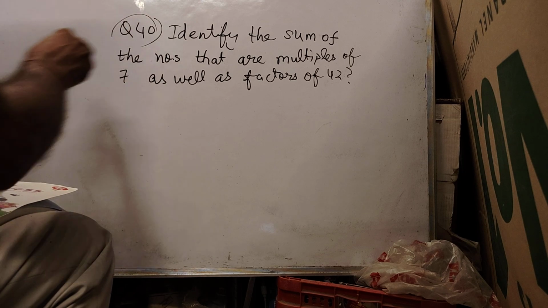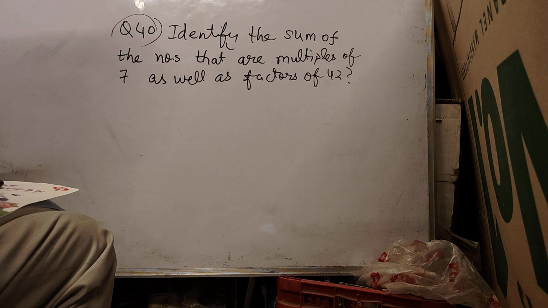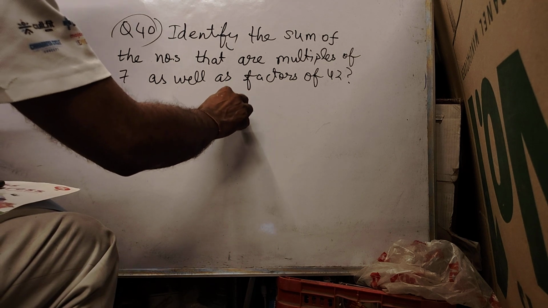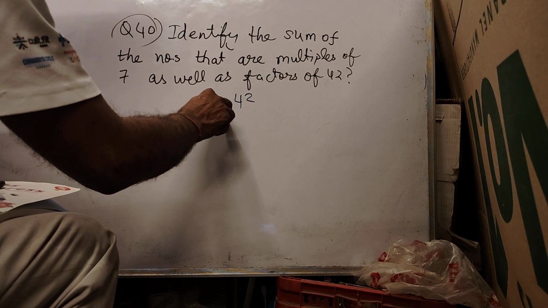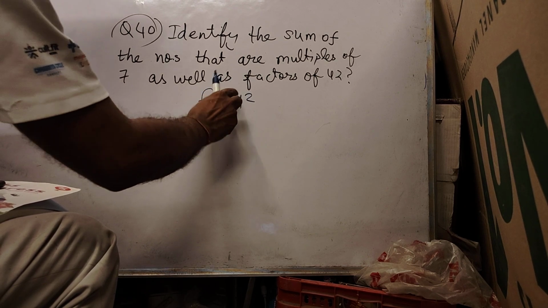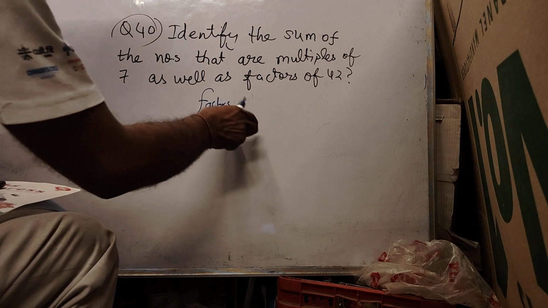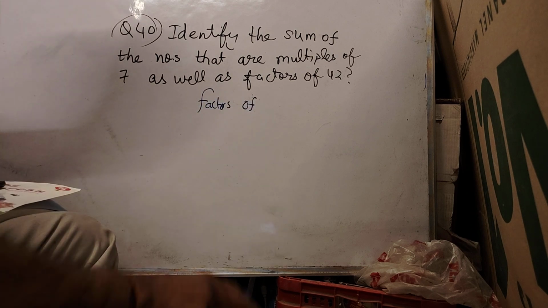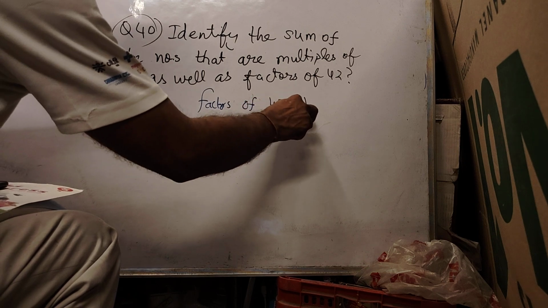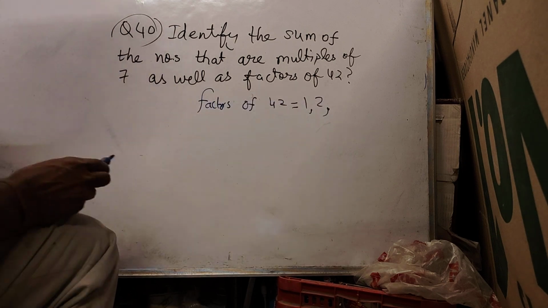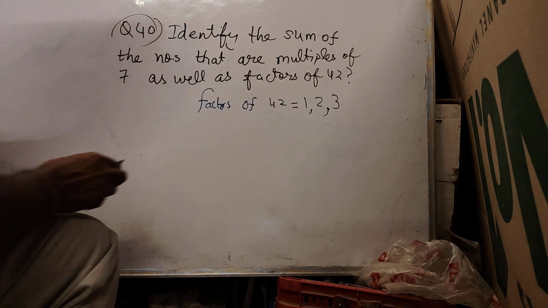So in this question, identify the sum of the numbers that are multiples of 7 as well as factors of 42. So first we find the factors of 42. Can you say the factors of 42? Factors of 42, that means 1, then 2 divides, then 3 also divides 42.